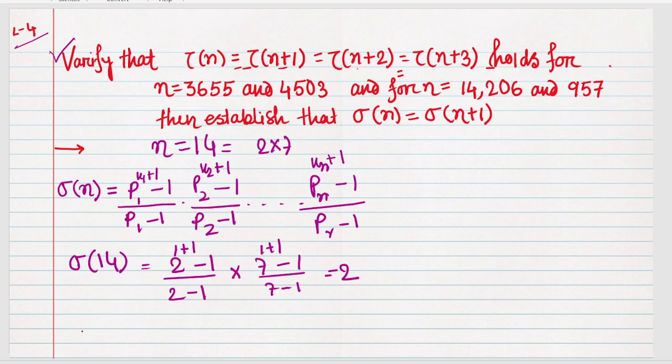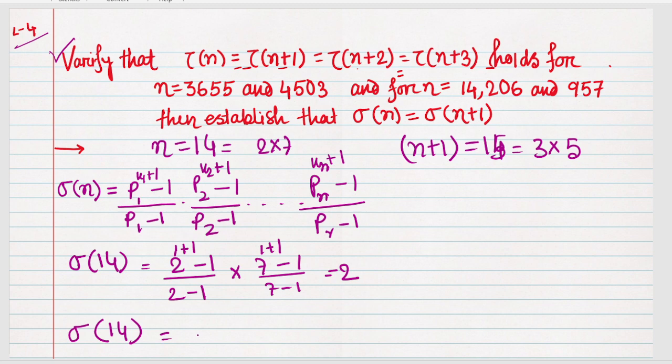Similarly, we find the value of sigma of n plus 1, which is, sorry, n plus 1 is 15, that is 3 cross 5.